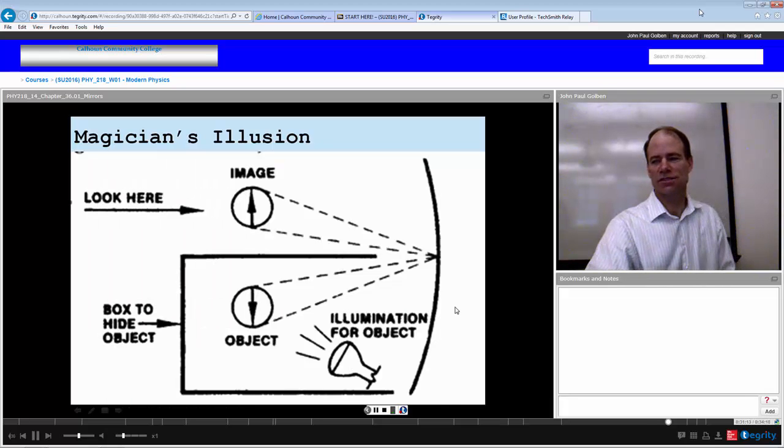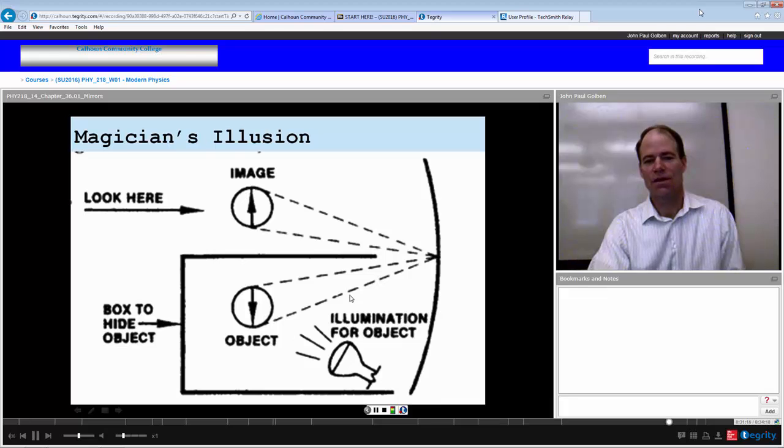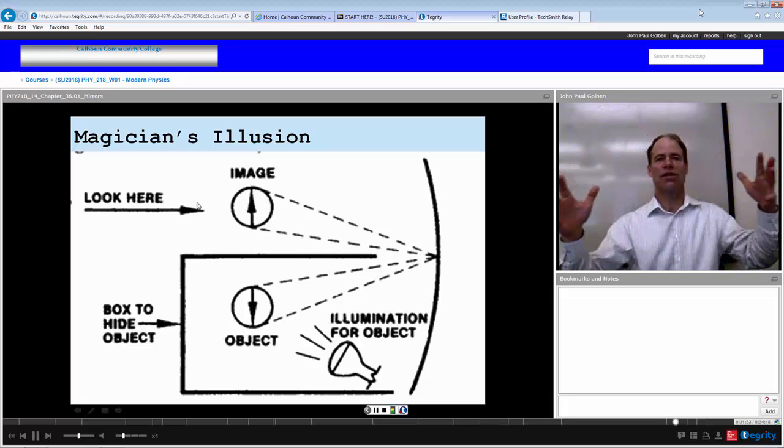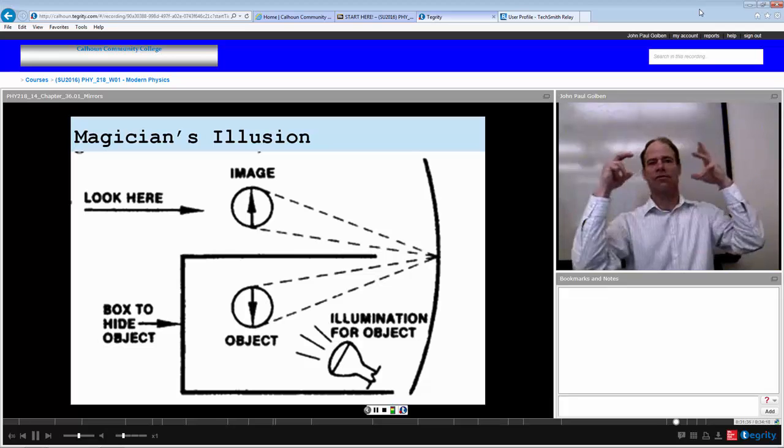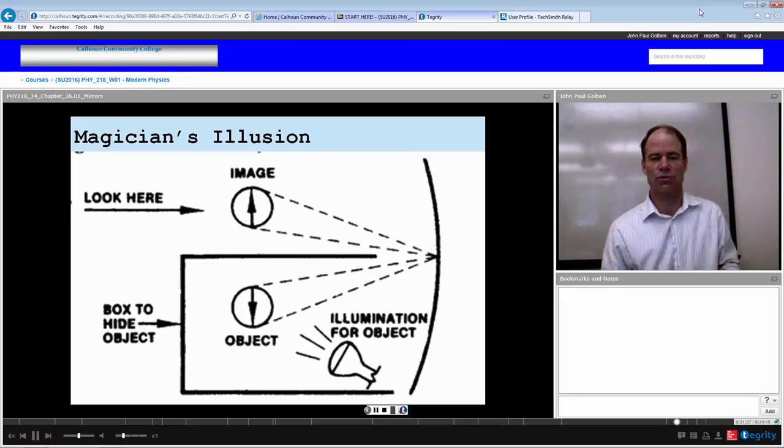Here's a magician's illusion. Let's say we had an object and we illuminate it, and we have it hidden away, but we have a mirror behind here, and we allow that mirror to form a real image of the object somewhere else. If you were looking out over here, you would see this real image, and the light rays would be coming from it as if it were a true object.